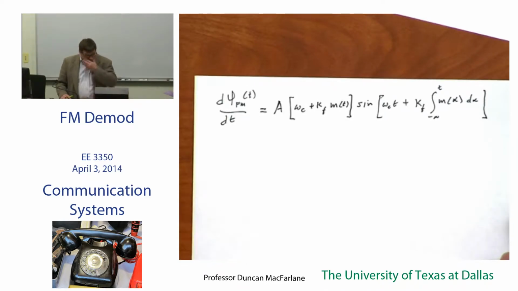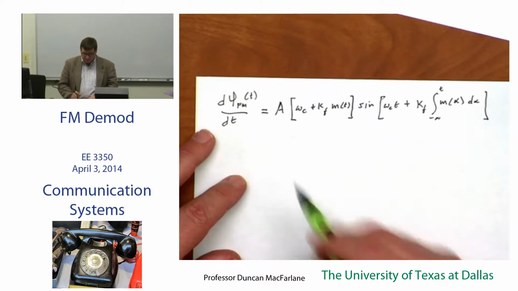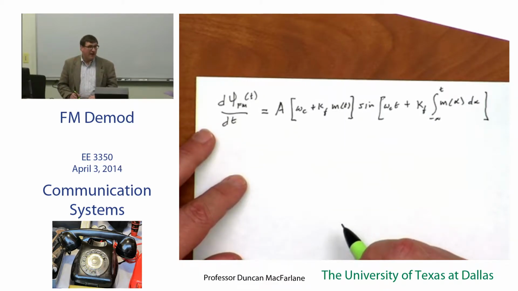So by differentiating, I've reached inside the cosine term. By differentiating, I've reached inside the cosine term, and I've extracted the m of t. And now this is almost exactly an envelope representation of an AM signal.